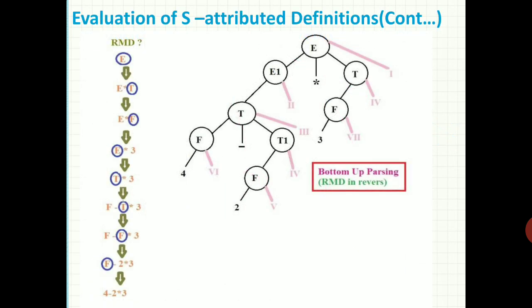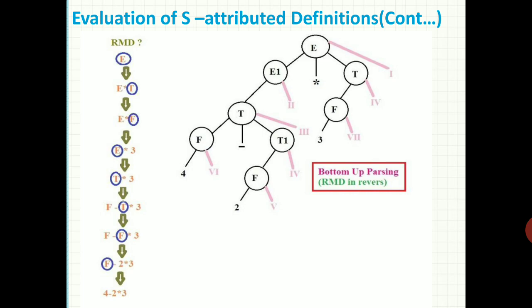In evaluation of S attributed definition following bottom-up parsing, that means rightmost derivation in reverse order. So we need the rightmost derivation in reverse. For that, we are going to first evaluate the rightmost derivation for this particular string 4 minus 2 star 3.